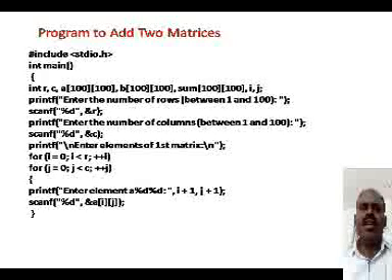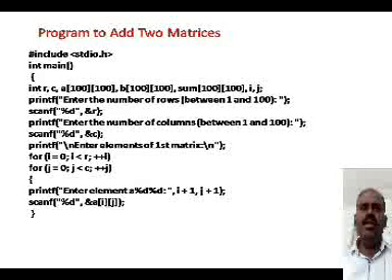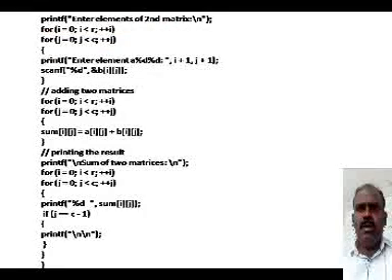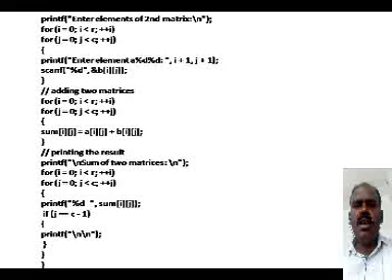Printf and scanf commands are used to get the row and column elements and to display the first matrix. Next, we have to get the second matrix. For that, printf and for loops are used. By using this printf and scanf command, we get the second matrix.